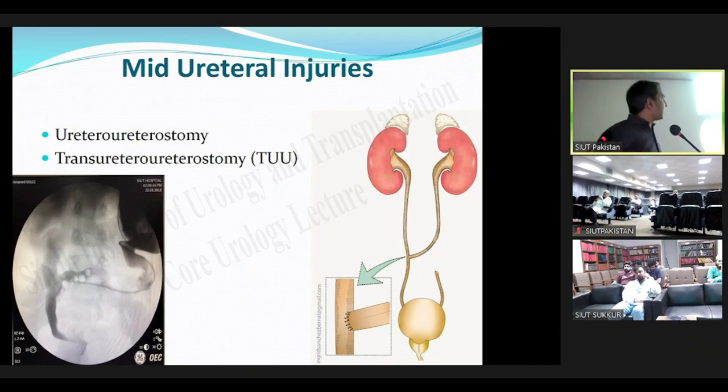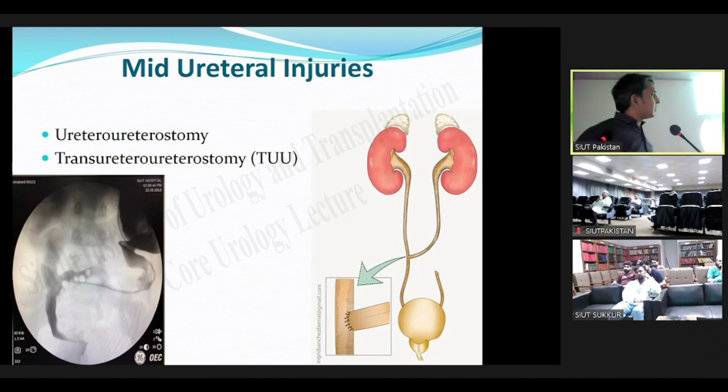It is performed by passing the donor ureter toward the recipient ureter, by creating a window or tunnel in the sigmoid colon mesentery just above the inferior mesenteric artery, in order to avoid kinking of the ureter.